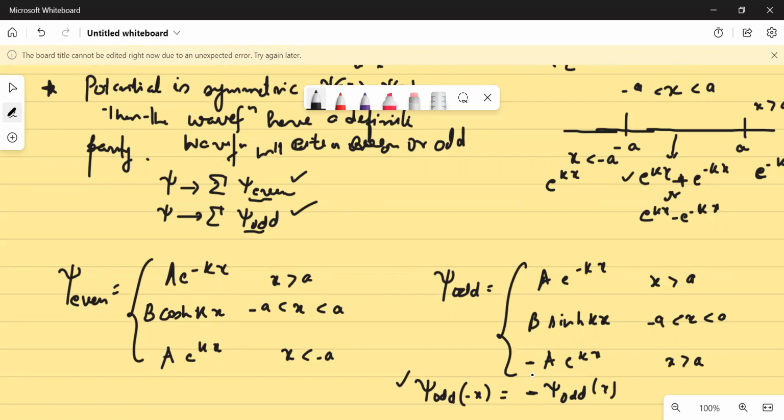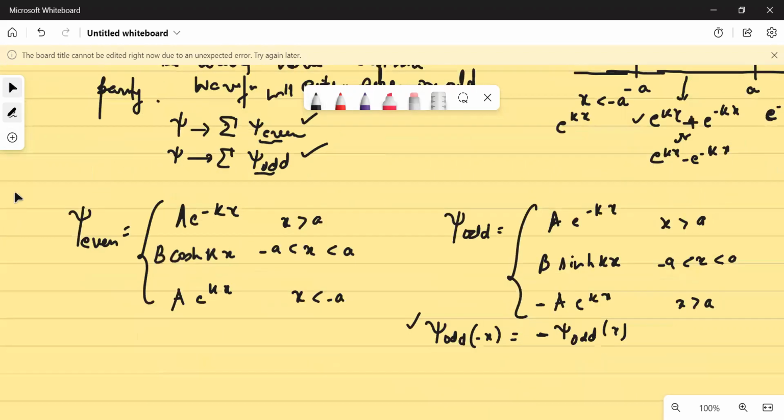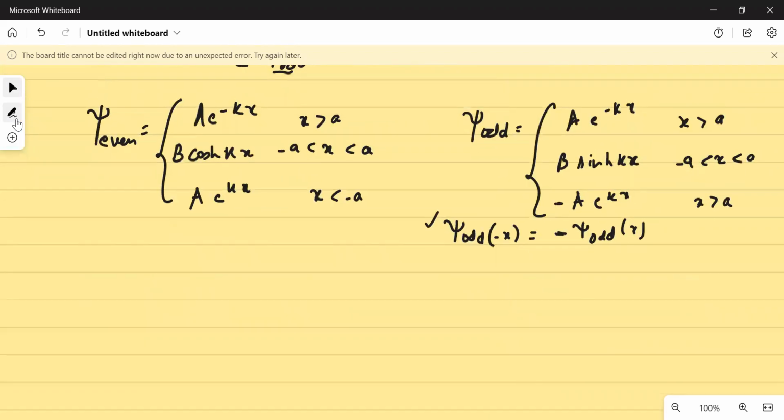In examinations or otherwise, you may be asked, or you may think, what sort of wave function would look like. I mean, how this wave function would look like. So understand my point.